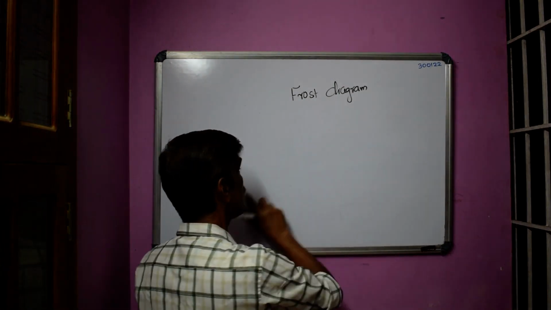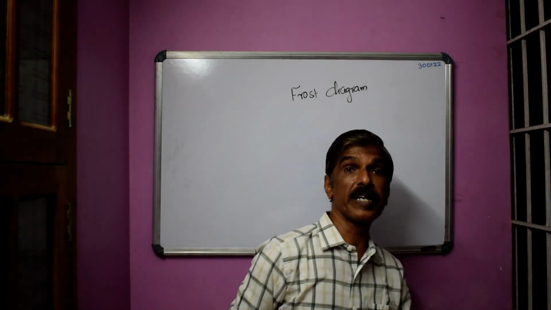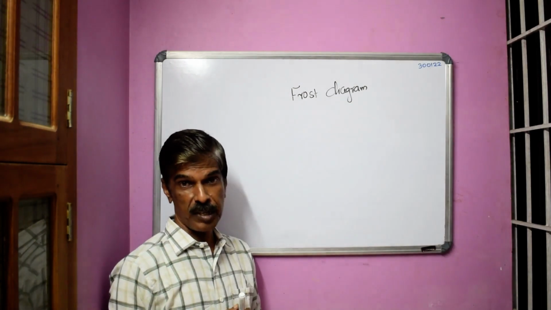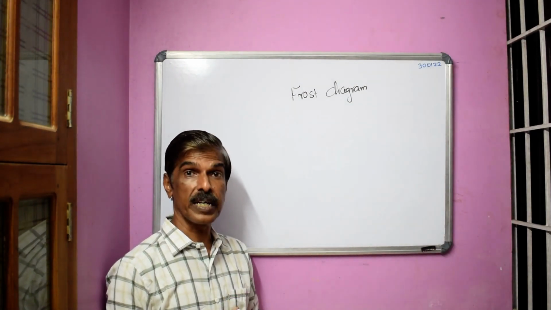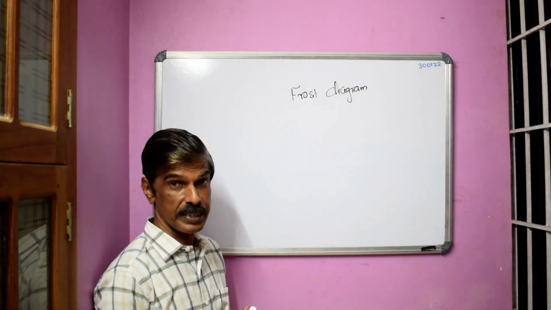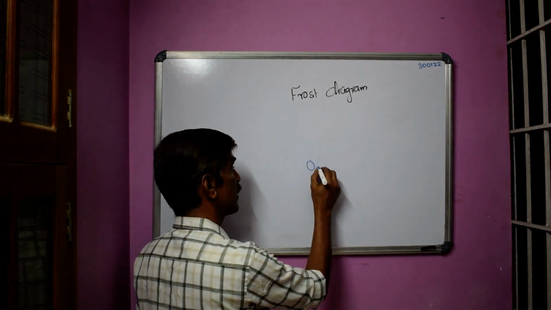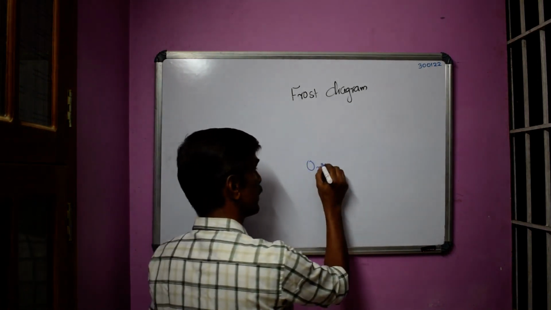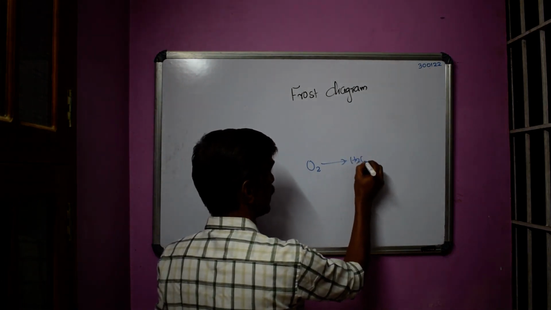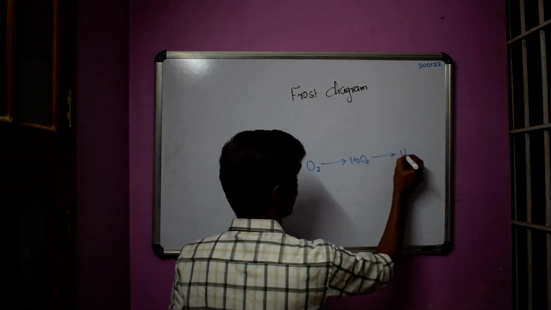And we have also seen how we can convert a Latimer diagram into a frost diagram. നമ്മൾ പറഞ്ഞു Latimer diagram എങ്ങനെ frost diagram കിട്ടുക നമ്മൾ പറഞ്ഞിട്ടുണ്ട്. And we have taken the example of the Latimer diagram for oxygen. Oxygen is converted into hydrogen peroxide and then into water.